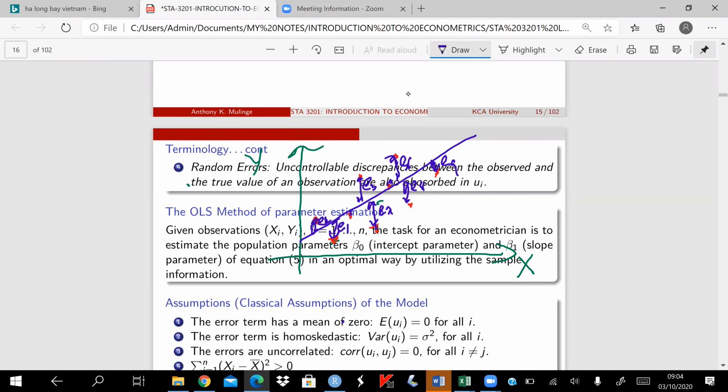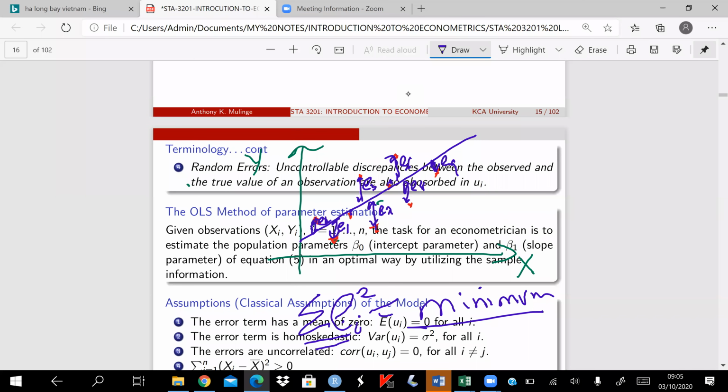So the best line that describes the relationship between Y and X is a line drawn through the points in such a way that if you take these errors, which I'm calling Ei, and square them, the summation, the sum of the squares of the errors, is minimum, as small as possible.